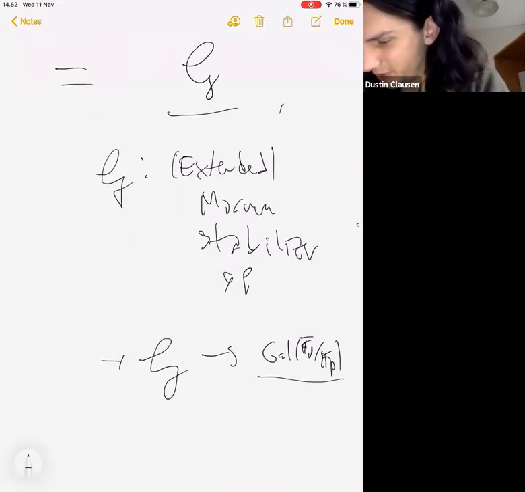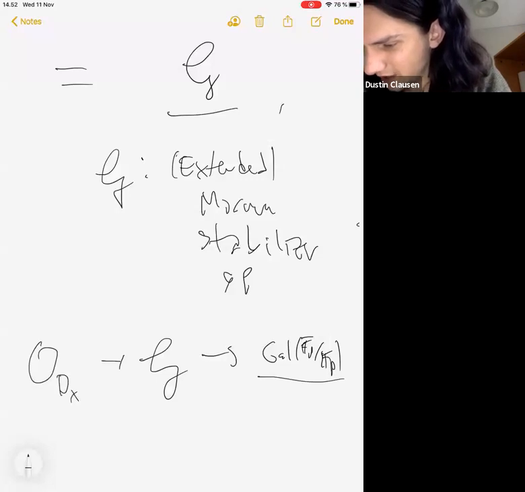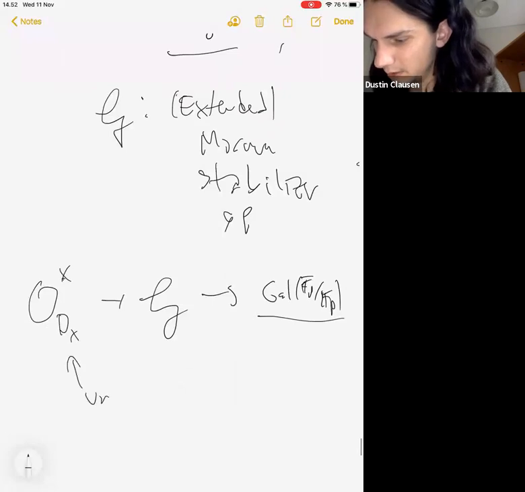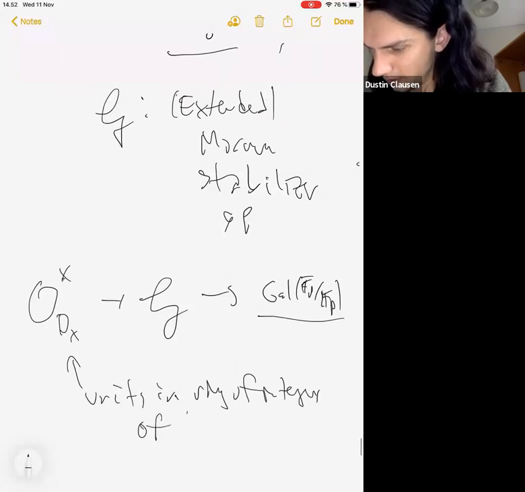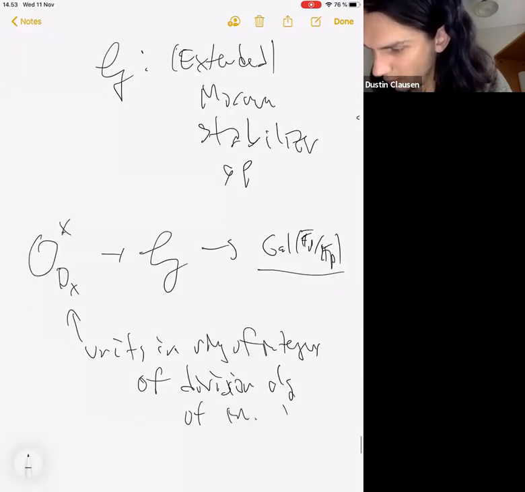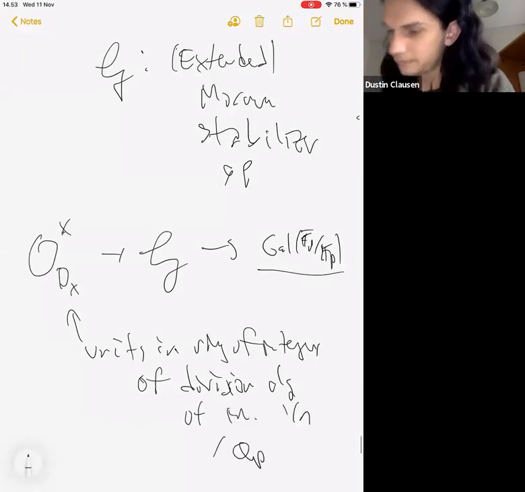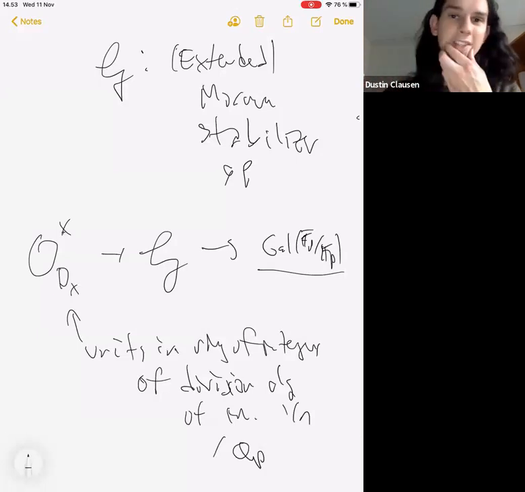And that's this really interesting fact that it's this profinite group of the units in the ring of integers of the division algebra of invariant 1 over n over QP. If you don't know what that is, never mind.